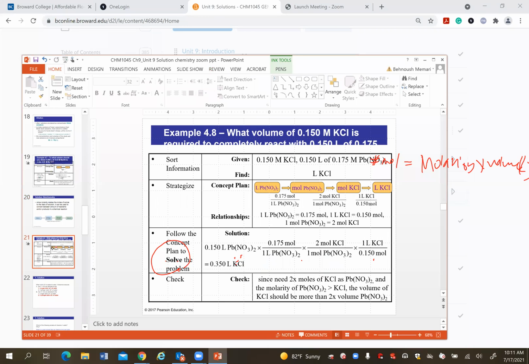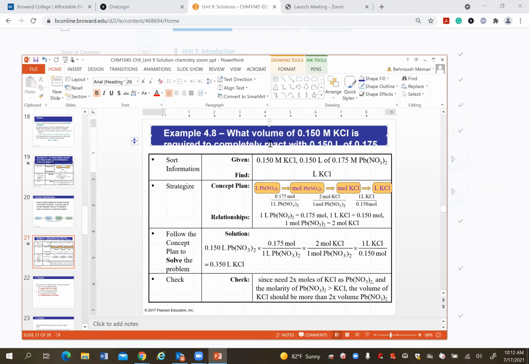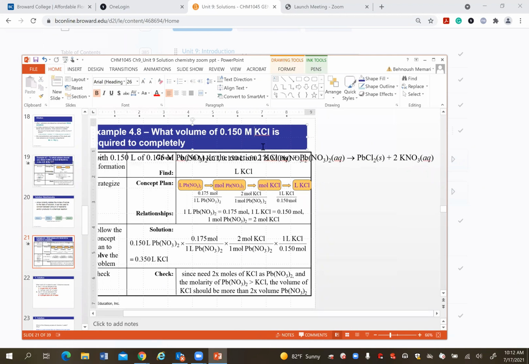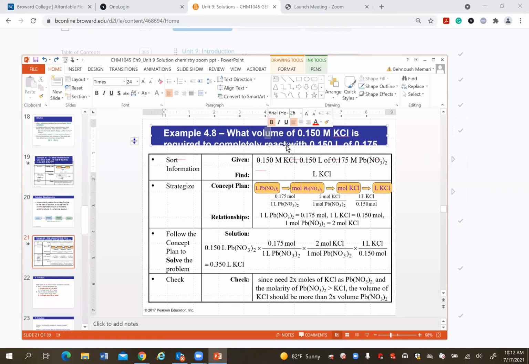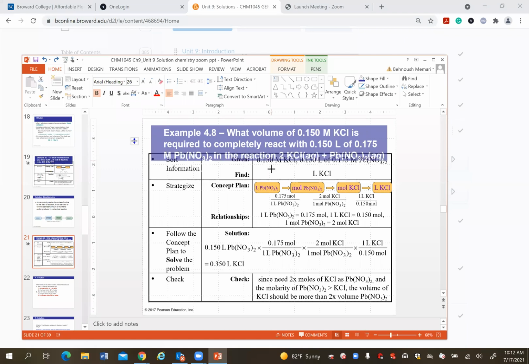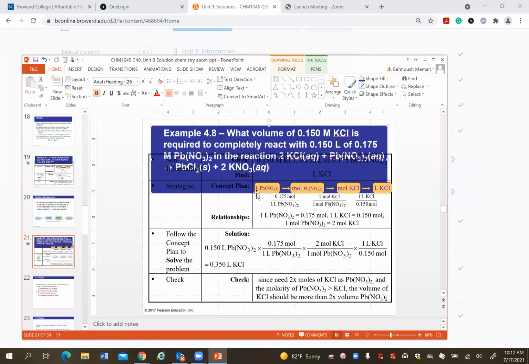So in solution stoichiometry, just like regular stoichiometry, you are given the volume and the molarity. That's just like you're given the number of moles for the reactant.